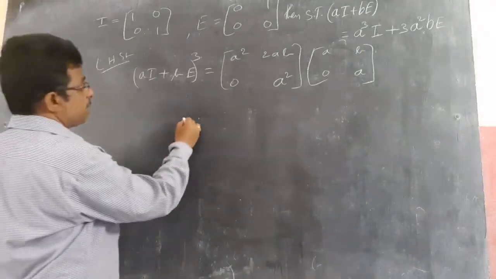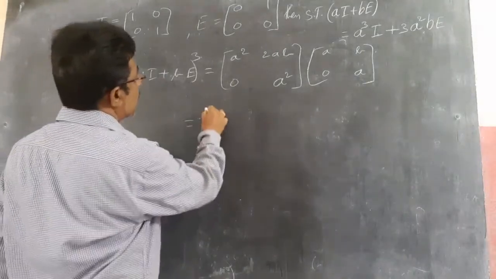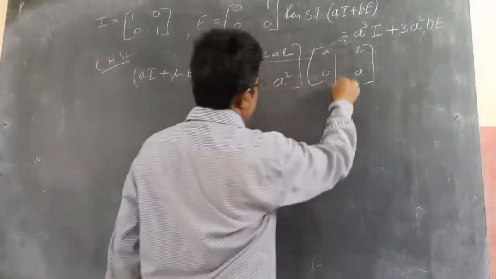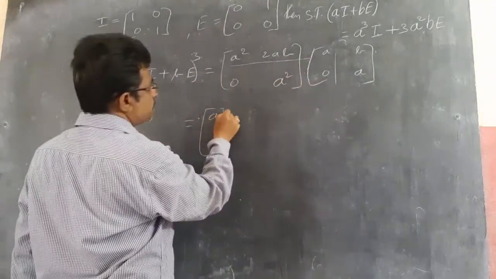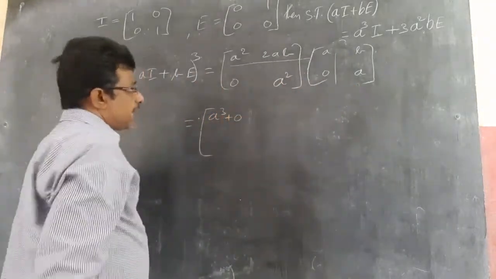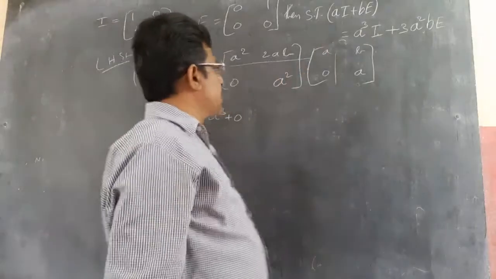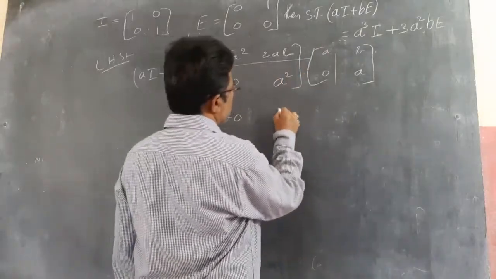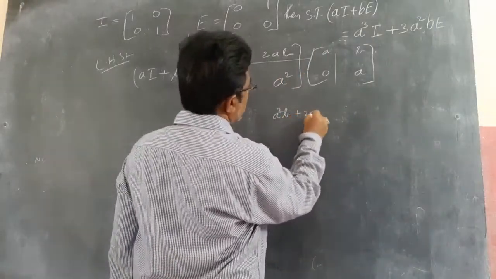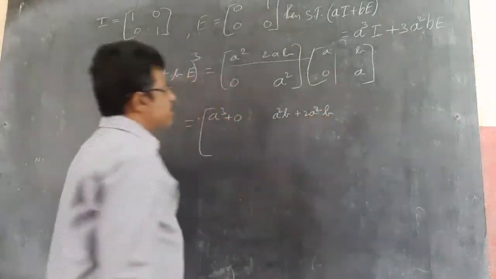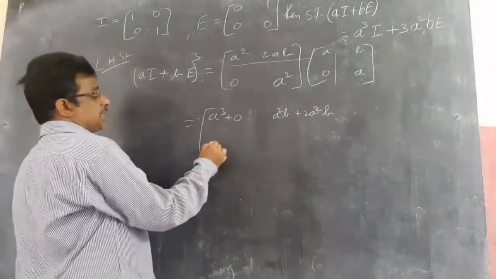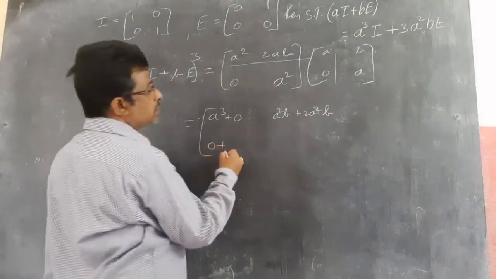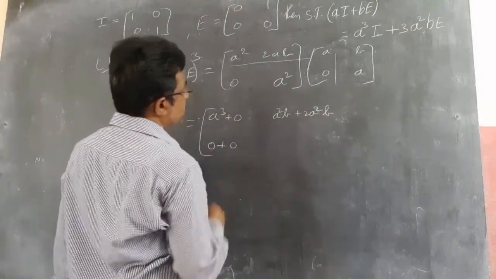Multiplying first row with first column, a square into a becomes a cube plus 0. Next, first row with second column: a square b plus 2a square b, which is 3a square b. Second row, first column: 0 into a, 0, plus a square into 0, 0.